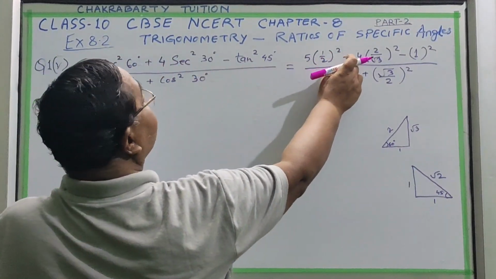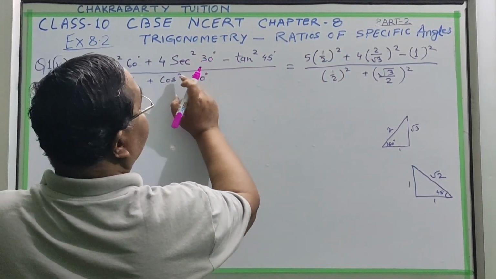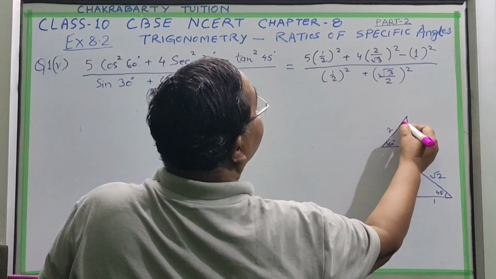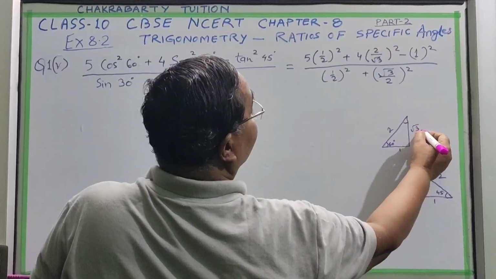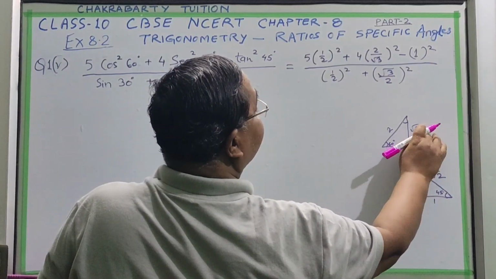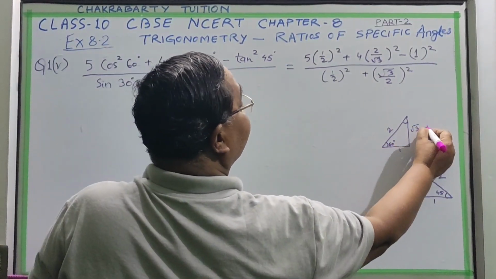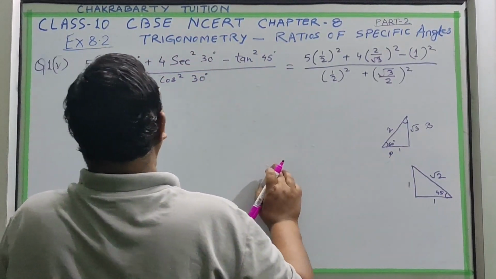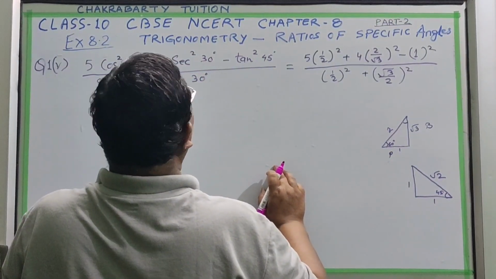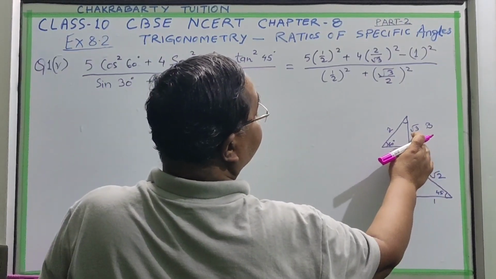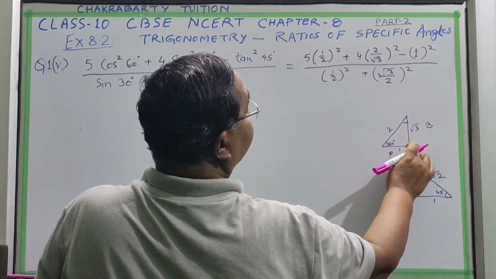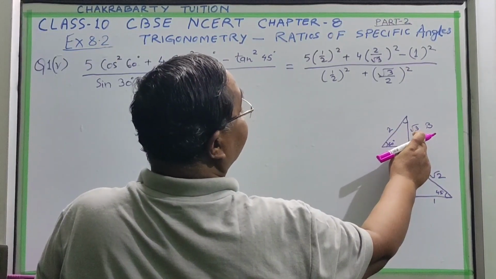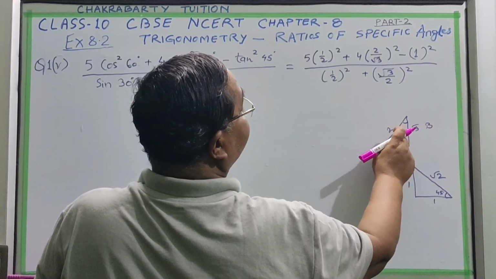Then 4 will come here, multiply, and you have to find out sec 30 degrees. Sec 30 degree means from here you have to go. So it becomes your base, and it becomes your perpendicular, and it will become 2 by root 3.